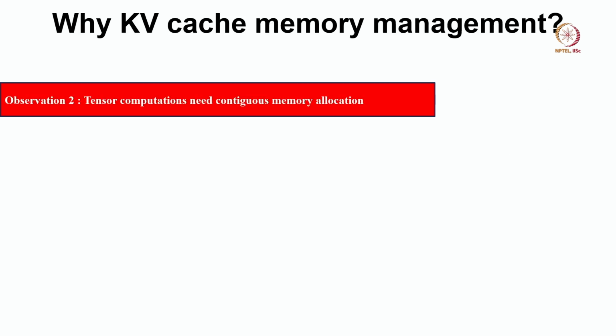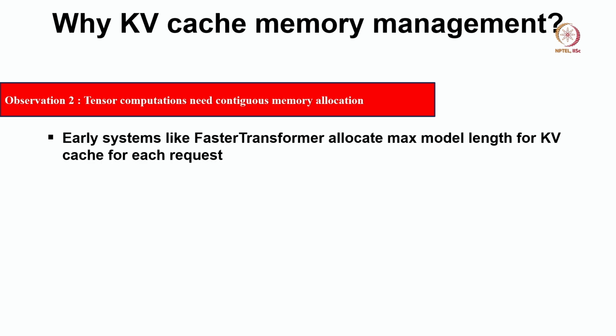Now, another observation is that tensor computation needs contiguous memory allocation. For example, if you know about memory management in OS, you will understand that we always need contiguous memory allocation in the memory space. The addresses where all the data is stored need to be contiguous.